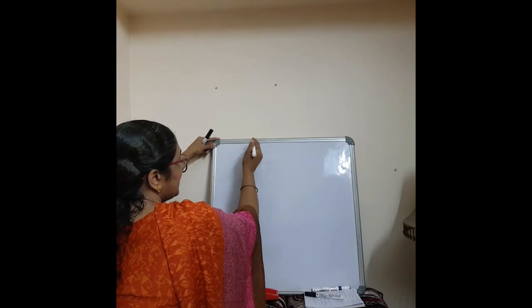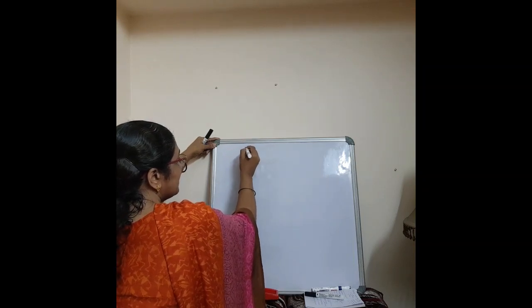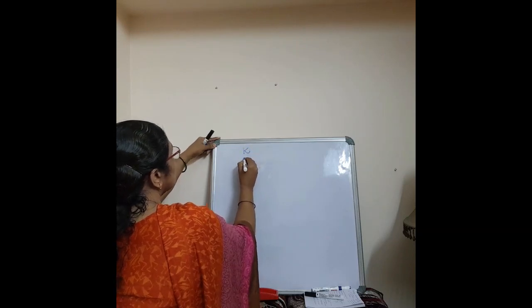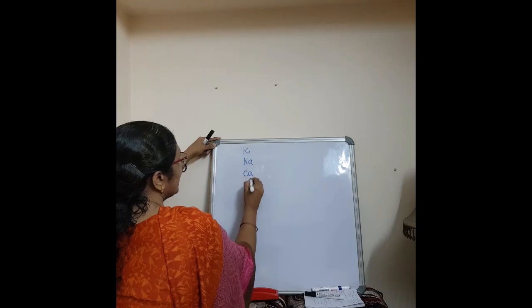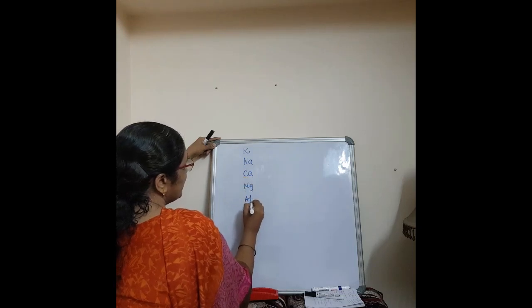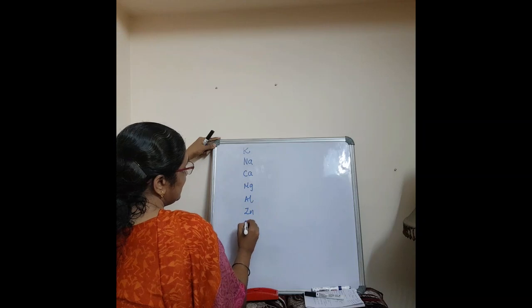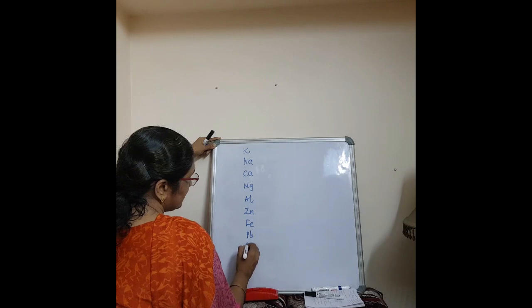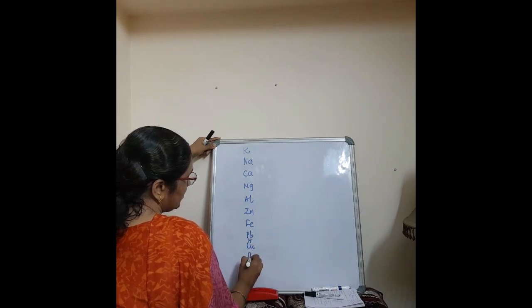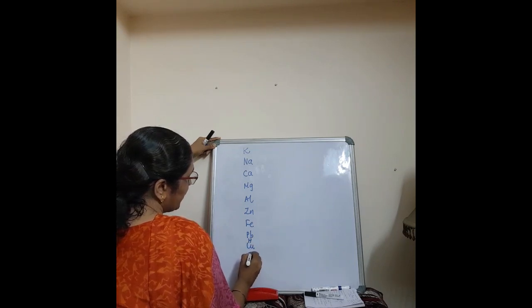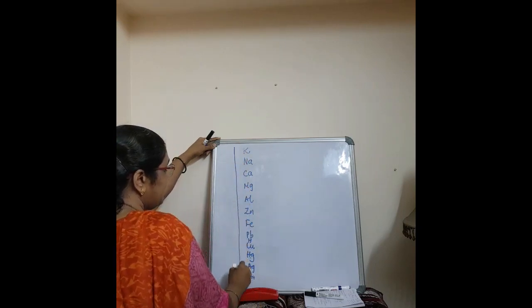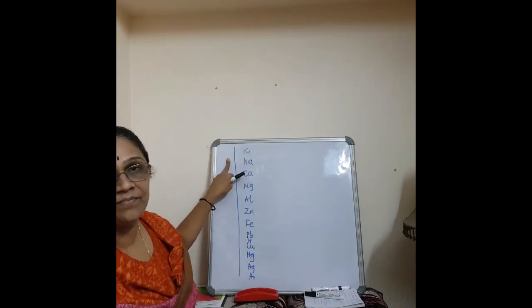For that, we have studied in the last class, no, this chapter only, the activity series, that is, potassium, sodium, calcium, magnesium, aluminium, zinc, iron, then lead, then copper, then hydrogen, then mercury, silver, gold. So this is the activity series or reactivity series.